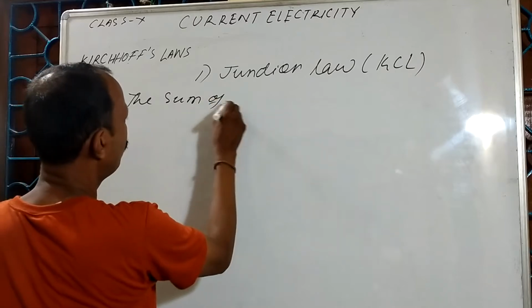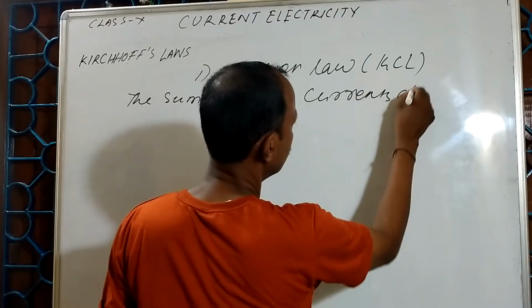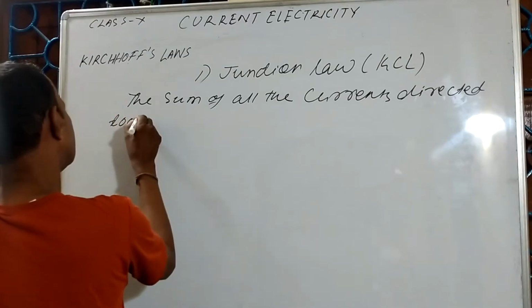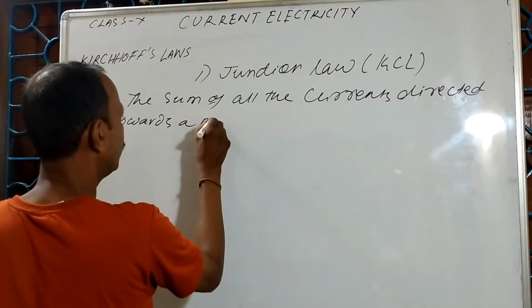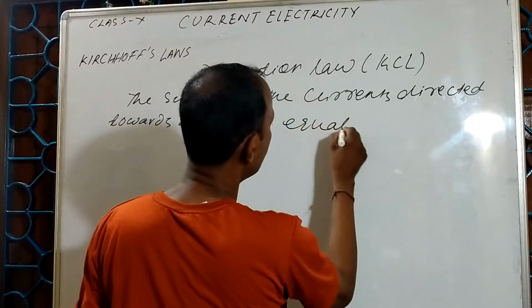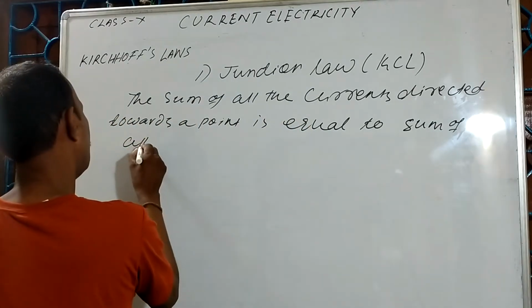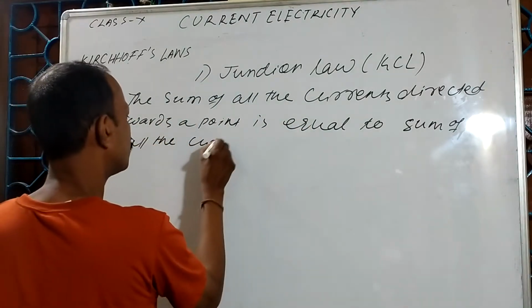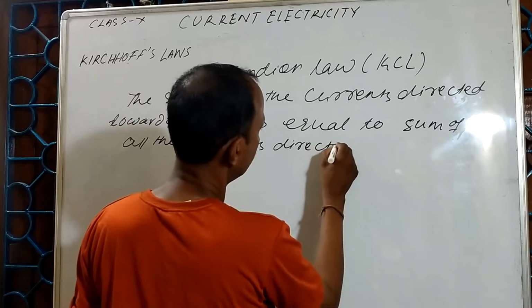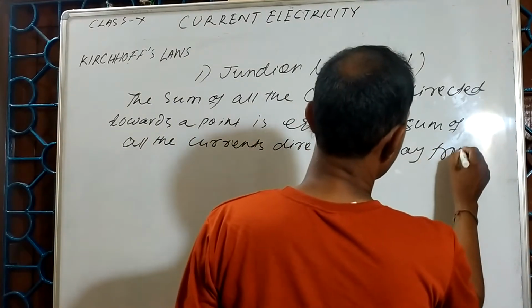The sum of all the currents directed towards a point is equal to the sum of all the currents directed away from the point.